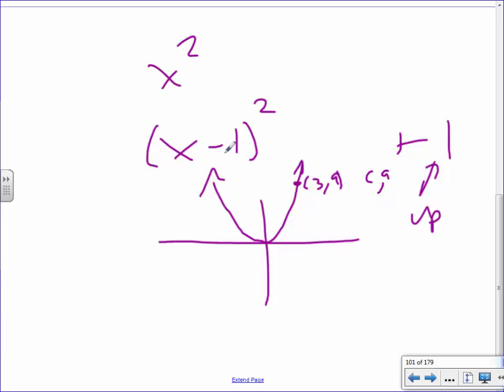Because you know you're losing your $1 before you start. You know what that does to this point? This point that used to be over here at 3,9 has now slid over here to 4,9, and it slid your graph that way. Does that logic make sense?